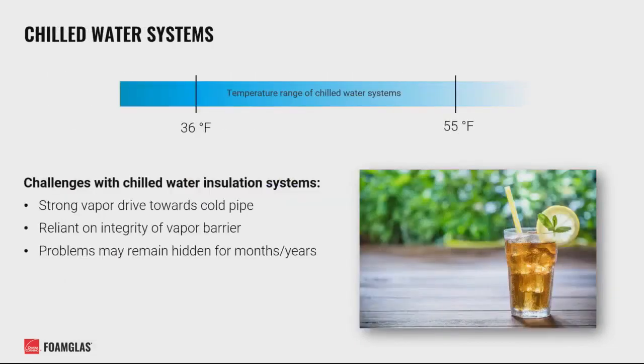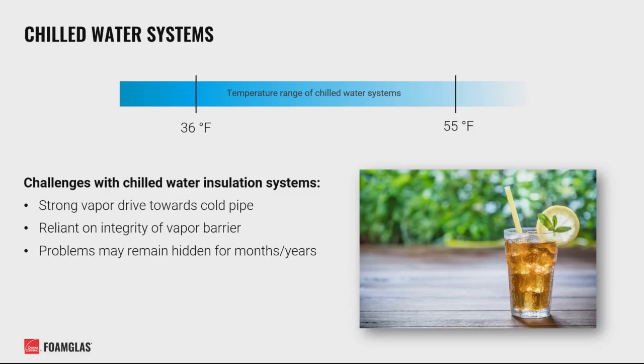Now, when we talk about chilled water lines, there's commonly going to be a temperature range that we're referring to. This could be down towards 36 degrees Fahrenheit for a chilled water supply line, all the way up to 55 degrees Fahrenheit for a chilled water return line. Now, if you ever had a cold beverage sitting on a patio on a hot summer's day, you're already familiar with the phenomenon we're going to be talking about, and that is condensation and moisture buildup all along that cold pipe surface.